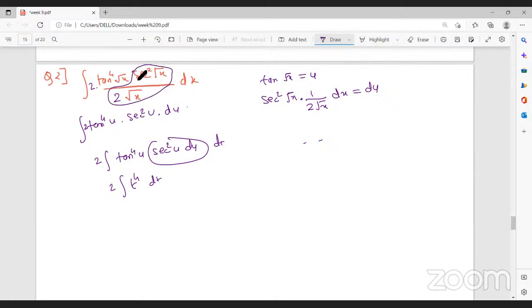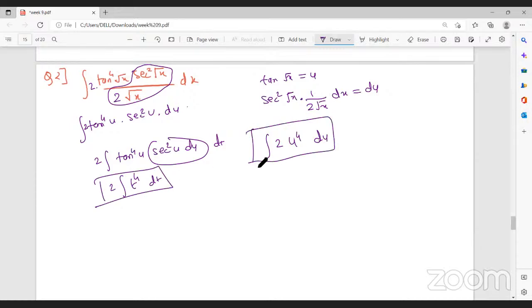So instead of this, I can put du. So what I will get is 2 times u to the power 4 du. Same thing we are getting here also.